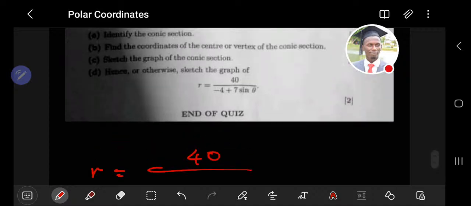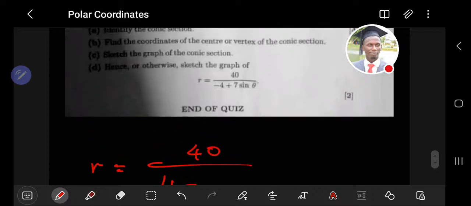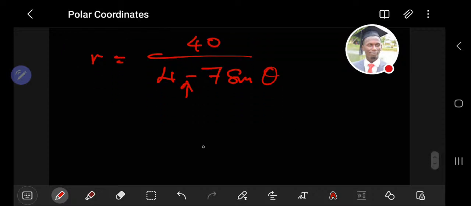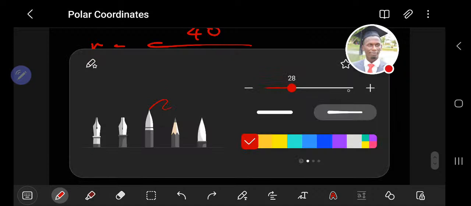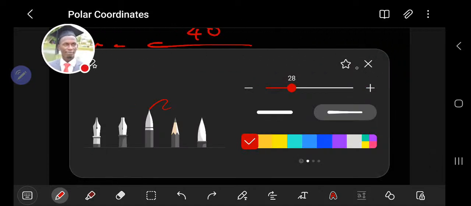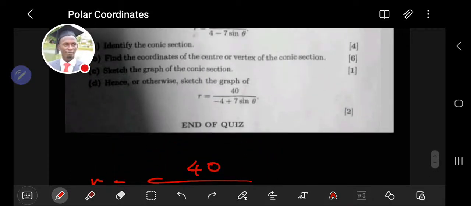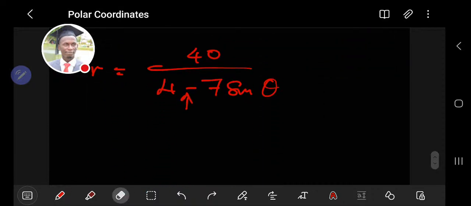So you have r is equal to 40 divided by 4 minus 7 sine theta. Seeing that this is a negative, I know the main one opens in the positive direction. I have no idea what it is first, but let's see how it goes. What they want us to do in the first part is identify it. To identify it, all I have to do is compare it with the original shape.